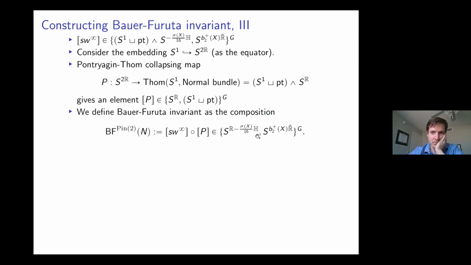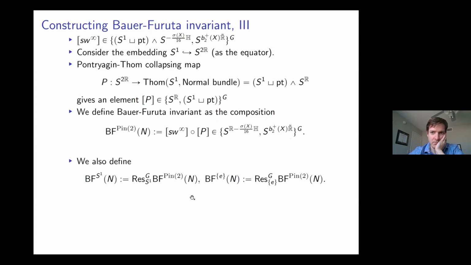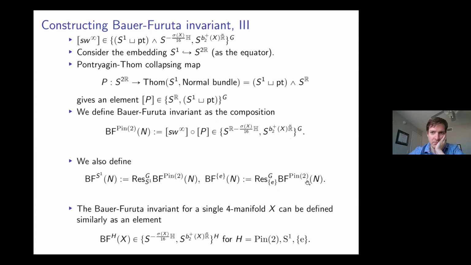So it's an element in this specific homotopy group of spheres. We define the S1-equivariant version and the non-equivariant version simply by restricting the group actions. And similarly, we can define the Bauer-Furuta invariant for a single four-manifold. Then it's just an element in this homotopy group of spheres.